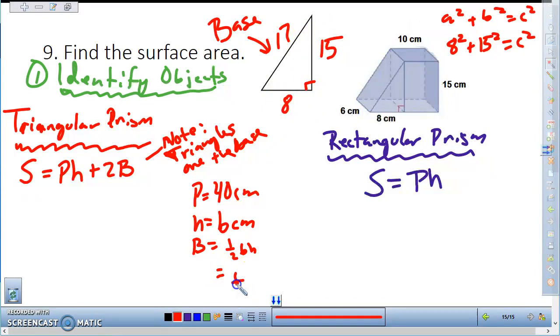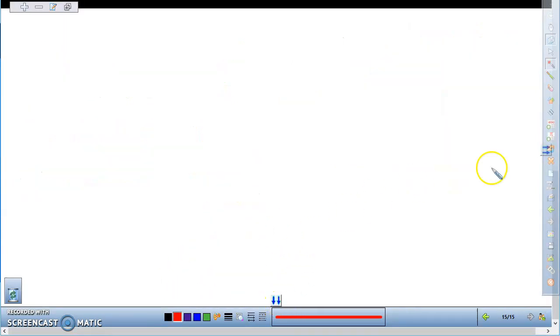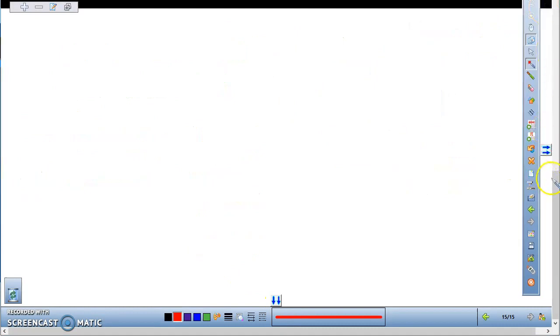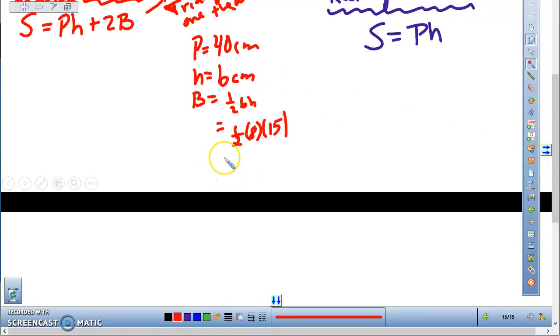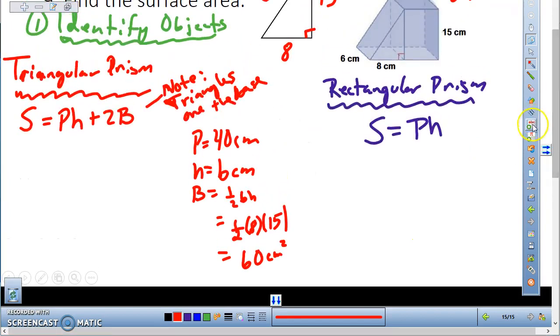So I plug in 1/2 times 8 times 15. This ends up giving us 4 times 15, which is 60 square centimeters. And we are going to have 2 of those.